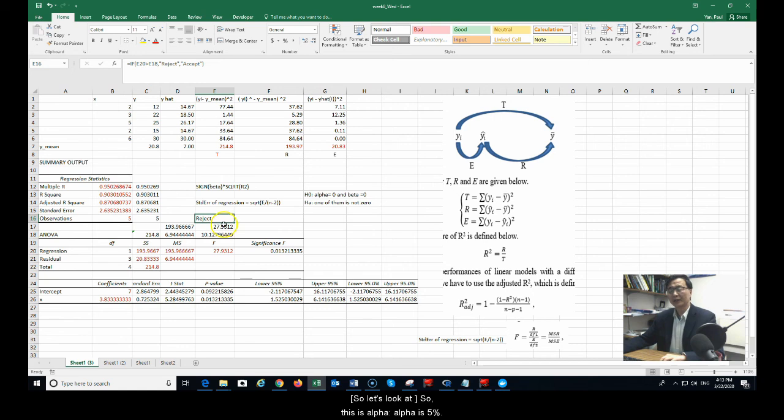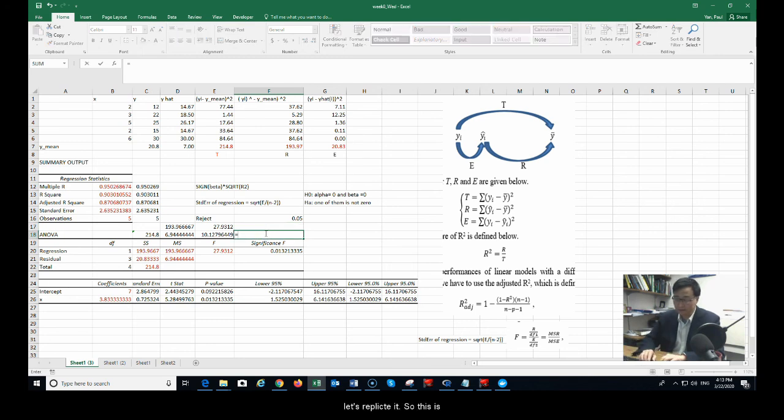So let's look at alpha, which is 5%. Let's replicate this value. Significance F, actually it's the p-value. First one, let's replicate. So this is F dist. This is distribution, we use right tail.